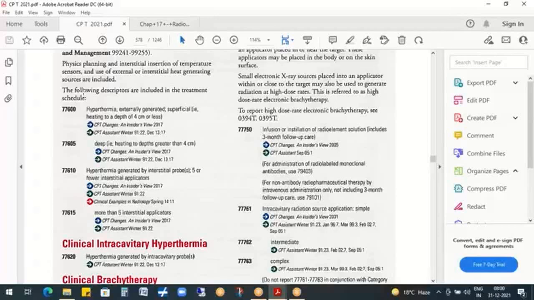Make a note. If guidance is a part of the surgical procedure or code description, do not code guidance separately.